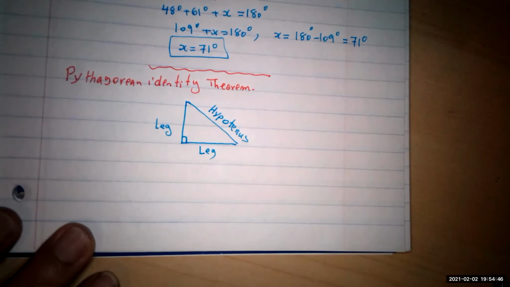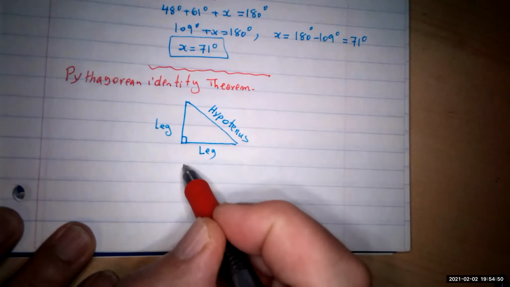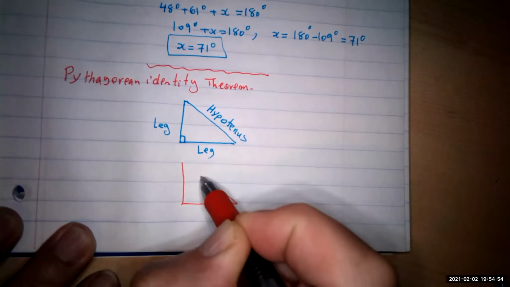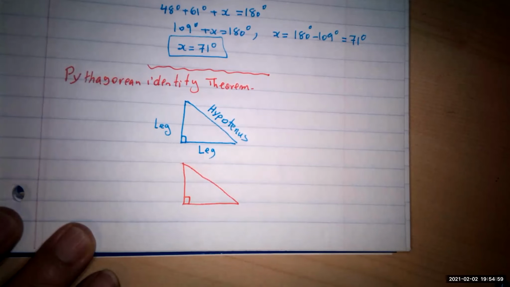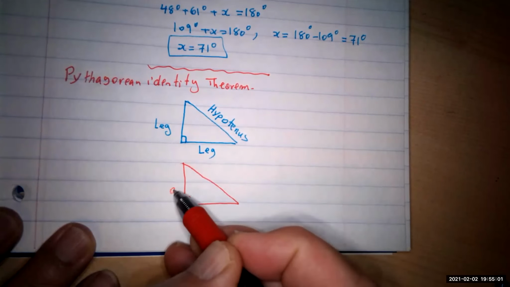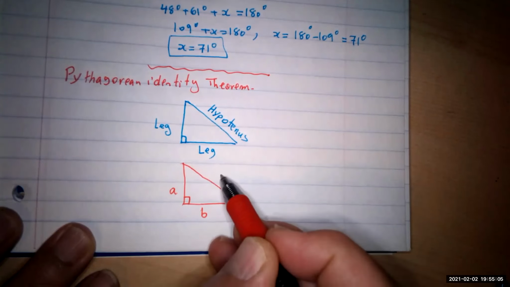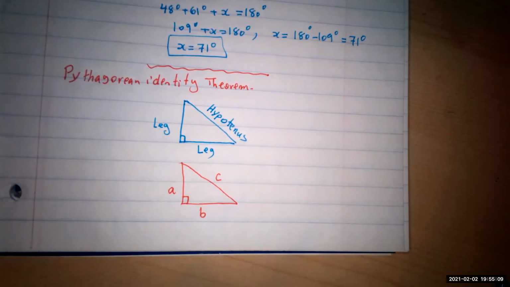So we usually use a symbolic form. If you call these sides, it doesn't matter, you can use any variables you like, A, B, and this is going to be the C. So what's the Pythagorean identity?